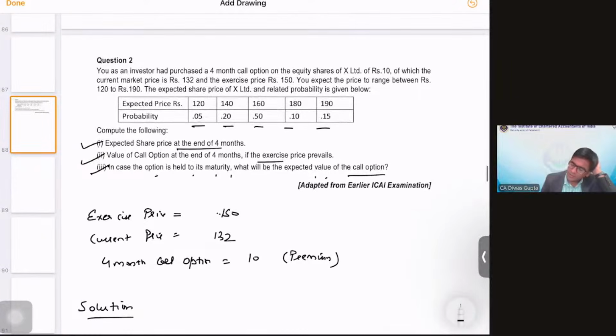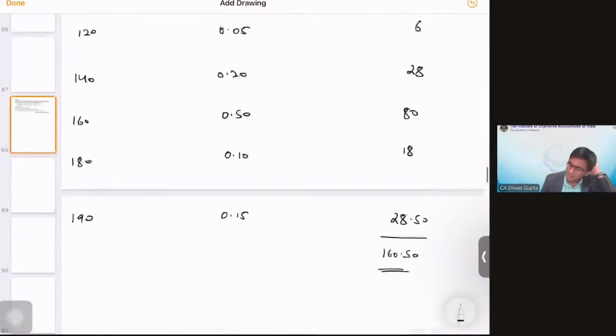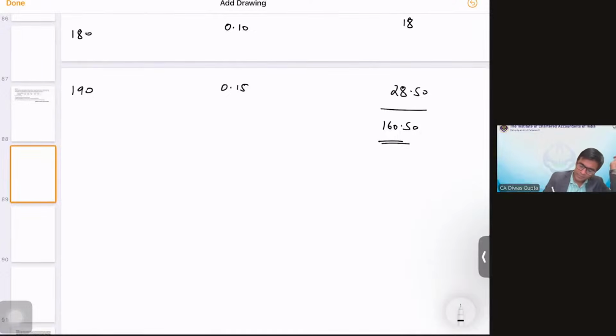Value of call option at the end of 4 months if the exercise price prevails. Simple. So they are saying that what is the value of call option after 4 months if the exercise price itself prevails.